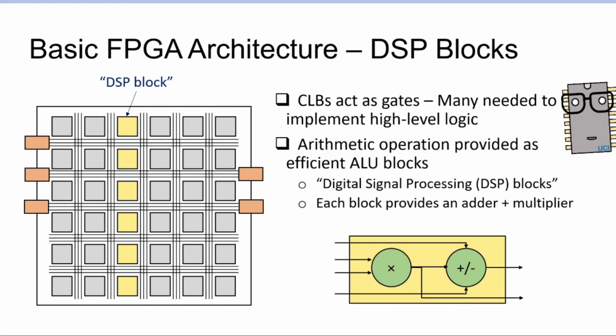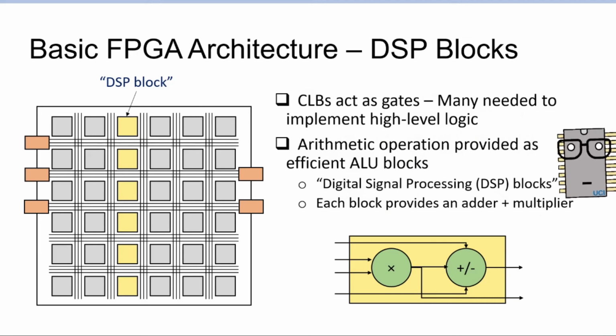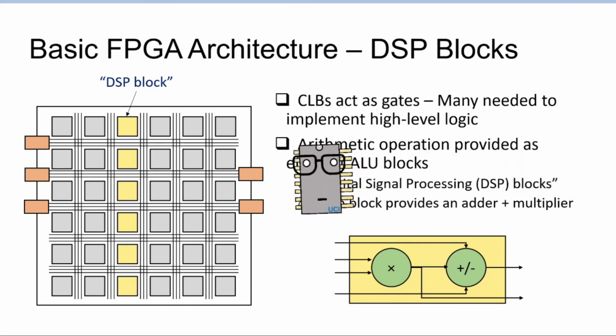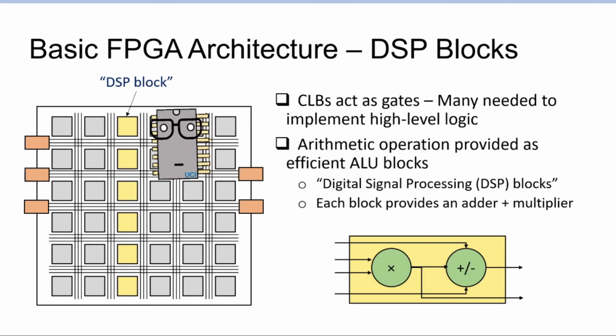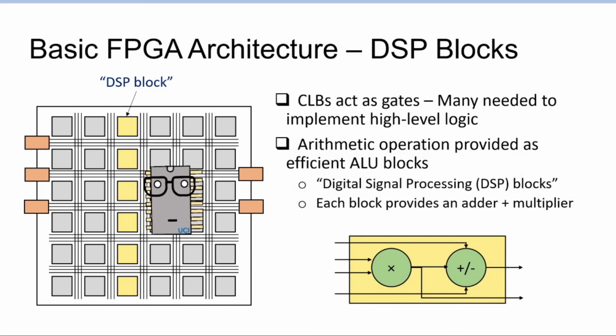And because there are some common operations like arithmetic logic, addition, multiplication, division, things like that, which would be resource intensive in terms of number of gates to implement, and they're used quite often, most FPGAs, even really cheap $5 ones that you can buy, will have a couple of what are called DSP blocks on the FPGA fabric.